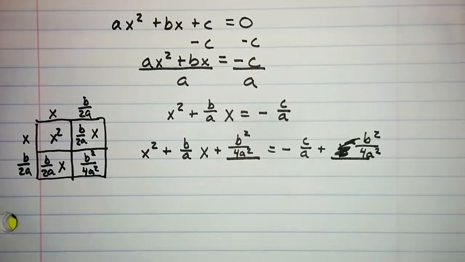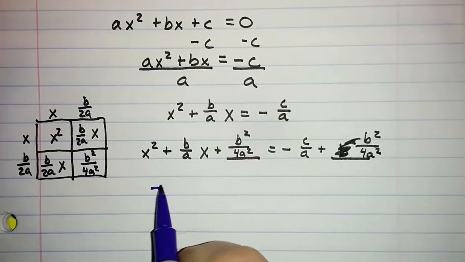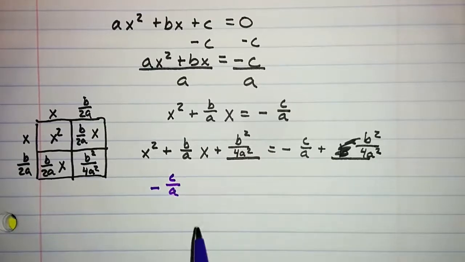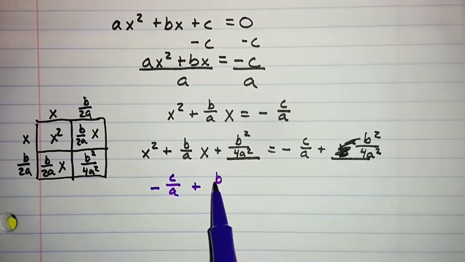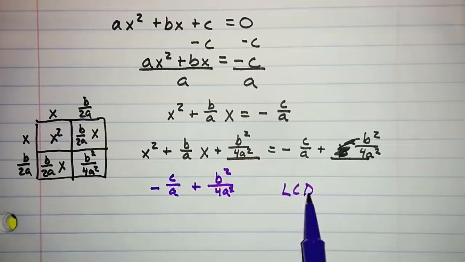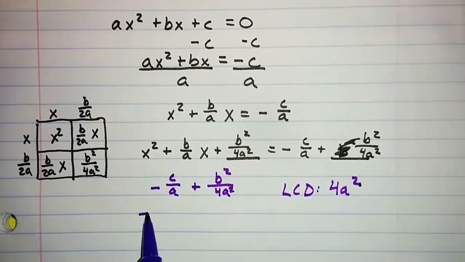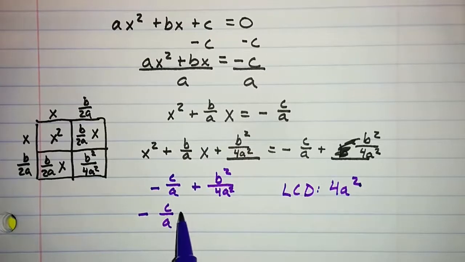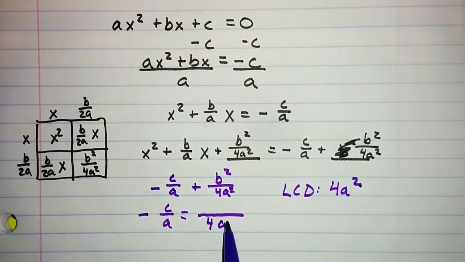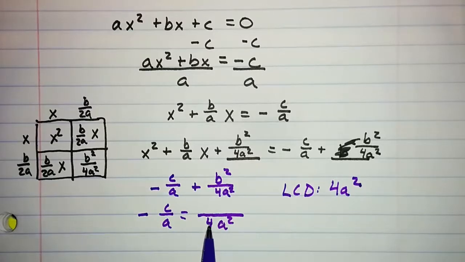All right, fraction addition break. I have negative c over a plus b squared over 4a squared. My LCD is, of course, 4a squared. Negative c over a. What do I need to multiply a by to get 4a squared? I need to multiply it by 4a.